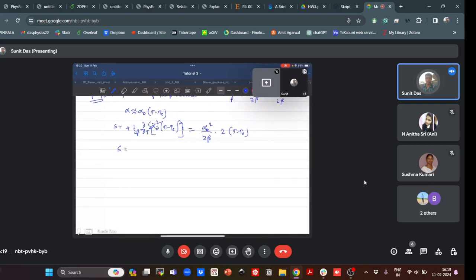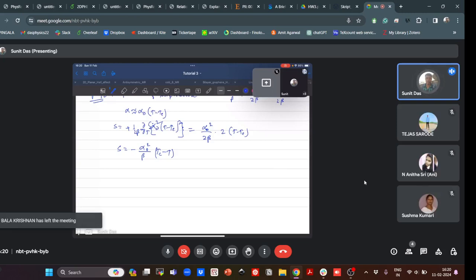That means S is equal to minus alpha_0 squared by beta (Tc minus T).